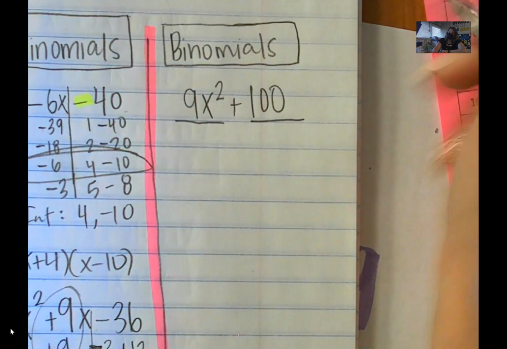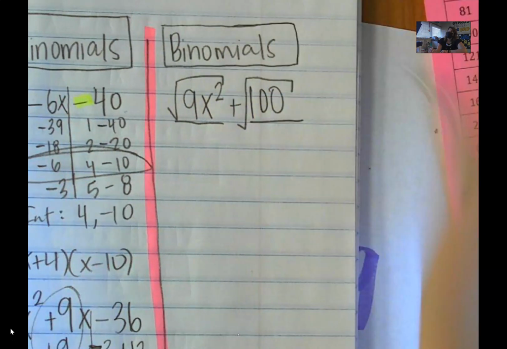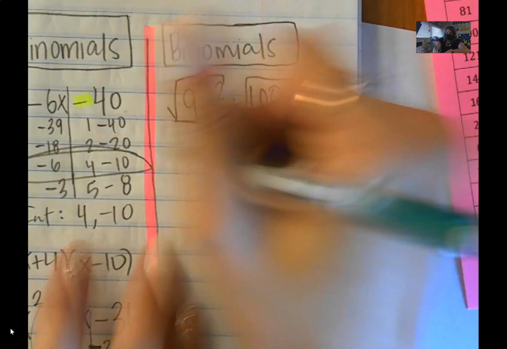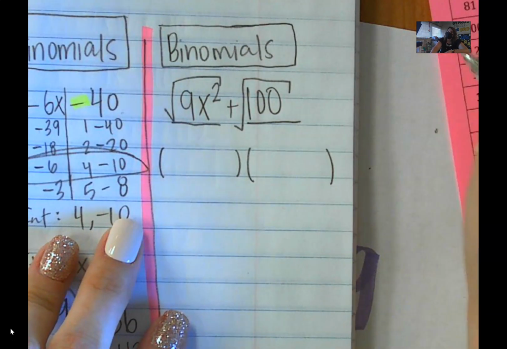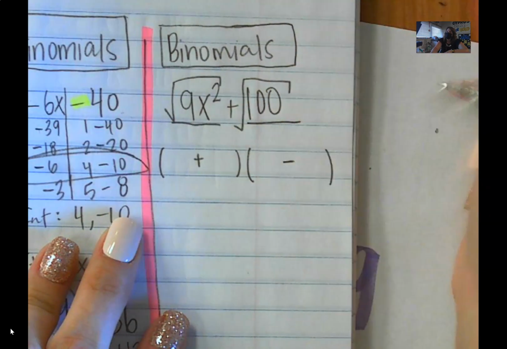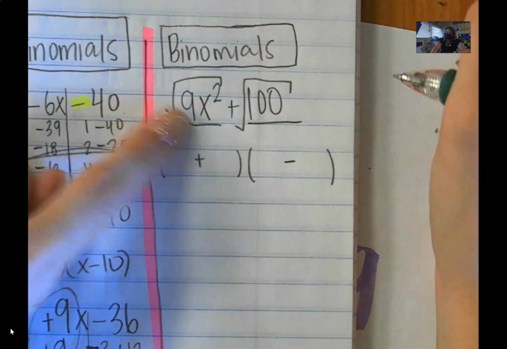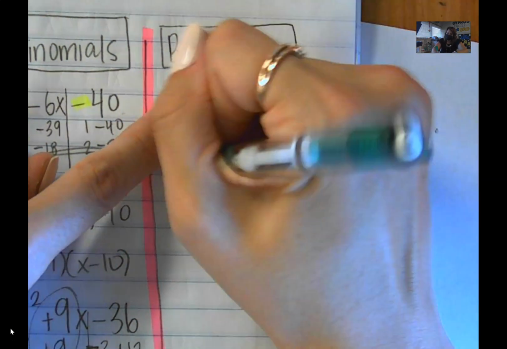In order to factor this, we root the first term, we root the second term. So our factors will end up being 2 binomials. 1 will be a plus, 1 will be a minus. The root of 9 is 3. The root of x squared is x.